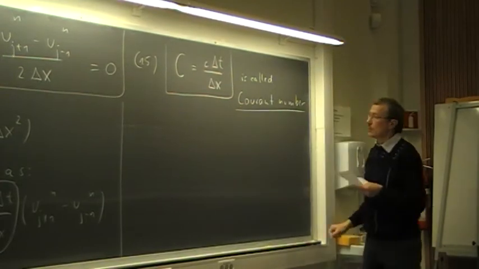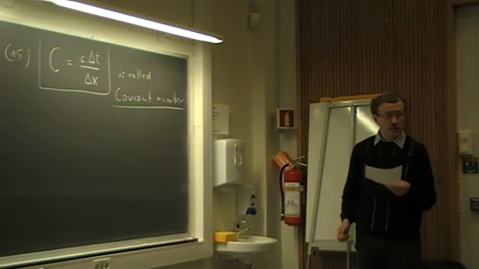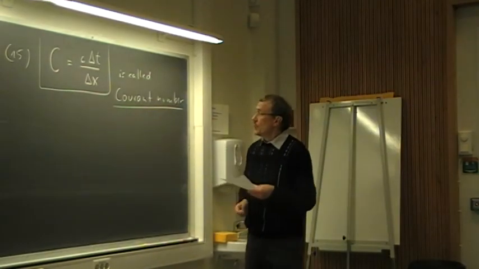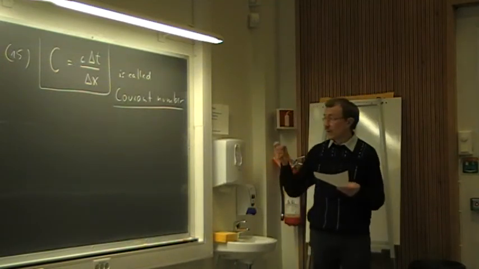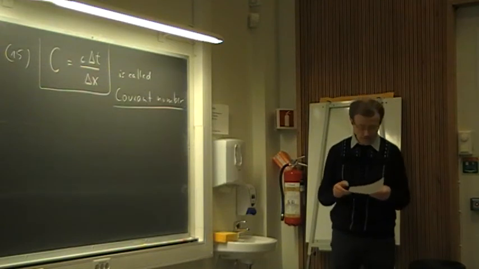Sometimes also CFL number after Courant-Friedrichs-Lewy. We will hear that in a minute also. And that is due to Richard Courant, of German origin, but later on he founded the Courant Institute at New York University.